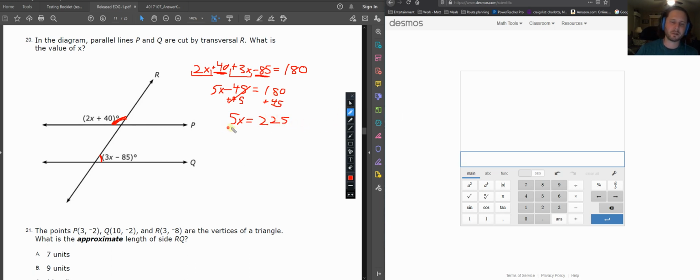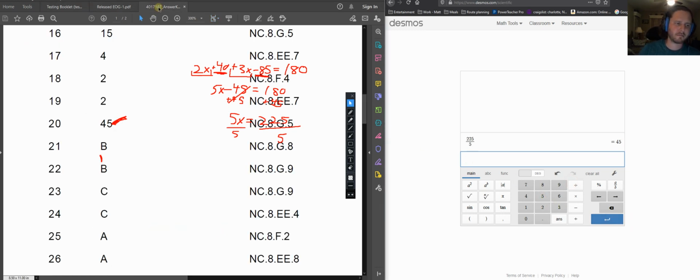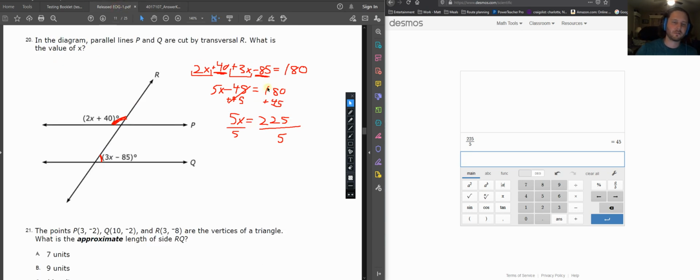We then simply divide everything by 5. So 225 divided by 5 gives me 45. It is 45, right? Yeah, 45. So that is going to be my answer for 20, and the last problem that you have to fill in the blank for. The rest of the problems from here on out will all be multiple choice. Lucky you.